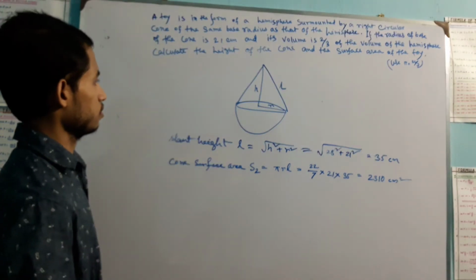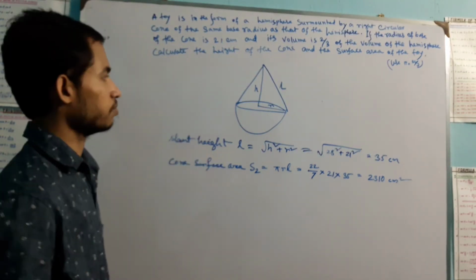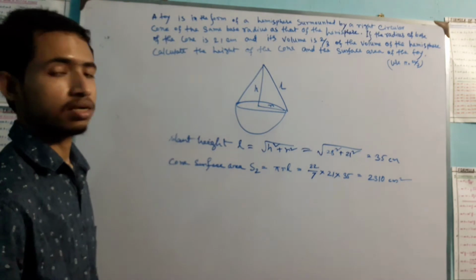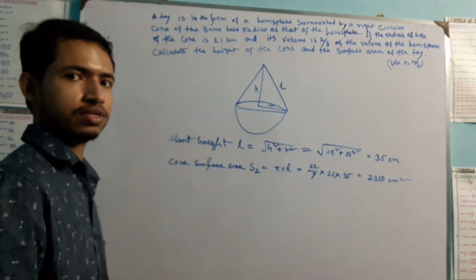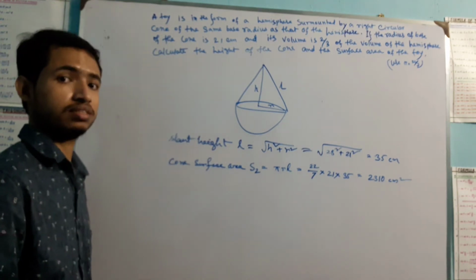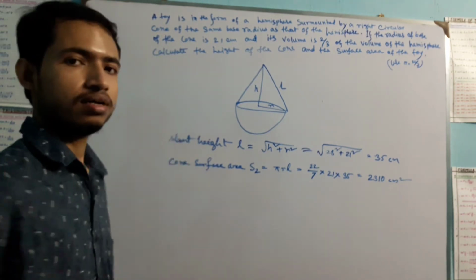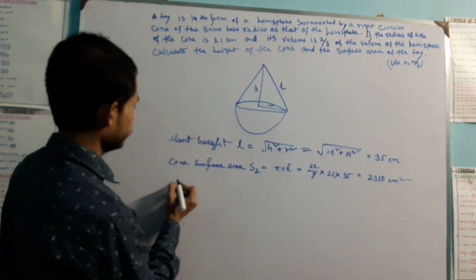Next, we are finding the surface area of the hemisphere. We know that the surface area of the sphere is 4 pi r square, and in the case of the hemisphere, that will be half of that.